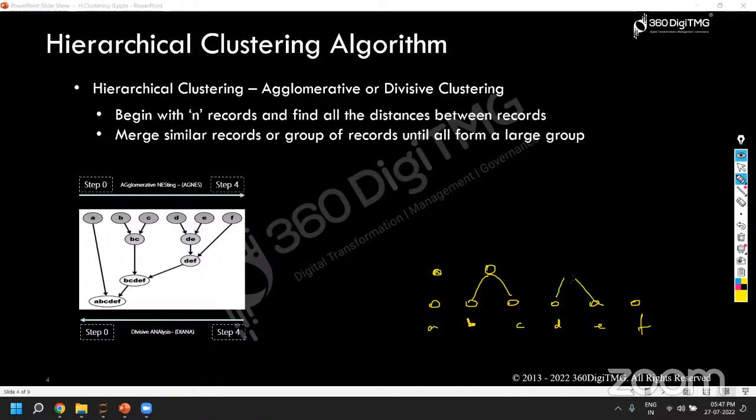Then here also we merged D and E, and I have E and F. Then we said these two are merged together and here we have A, B, C and DEF. Then we merged these two together and we have A and DEF. And finally we merge this like this. It's a flow diagram, right? So this representation is called a dendrogram.